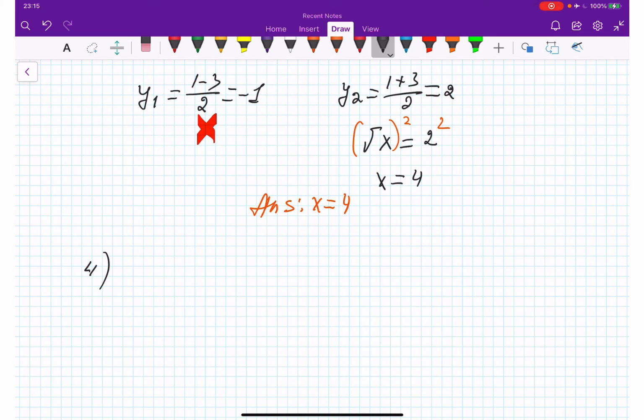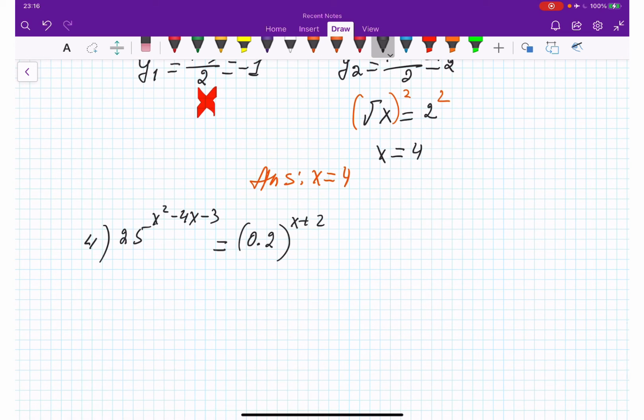Number 4, we have 25 to power x squared minus 4x minus 3 is equal 0.2 to power x plus 2. Okay, so 0.2 I'm going to represent as 1 over 5, right?